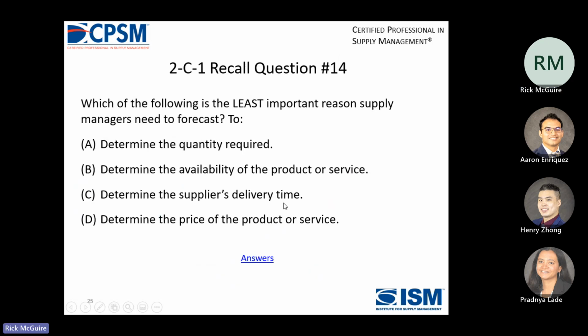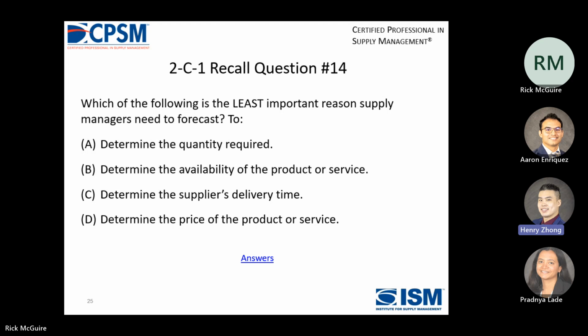All right. Which of the following is the least important reason supply managers need to forecast? The least important. This is one of these ISM questions that is kind of hard to understand where they're coming from.